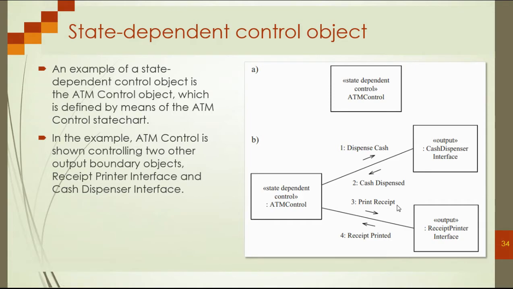So for the second type of object, the difference between the coordinator and state dependent control is that here it is mostly based on the current state of the system. Here the ATM is controlling two objects, and here the output is a boundary object.